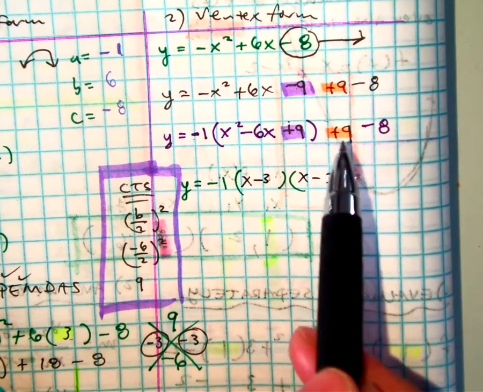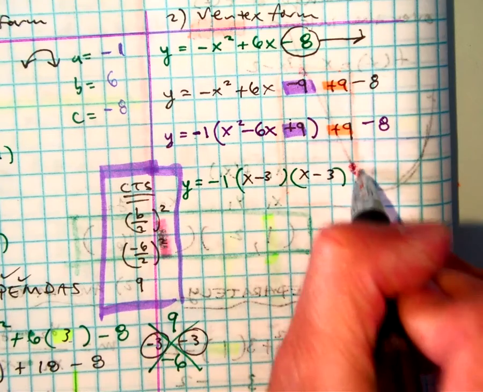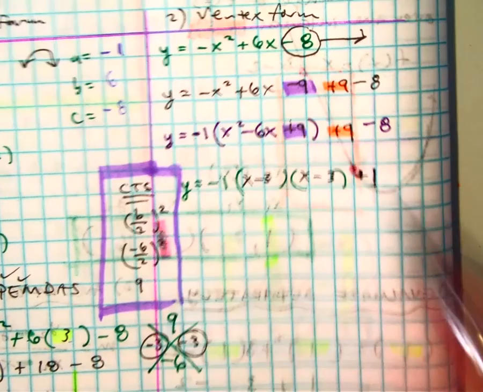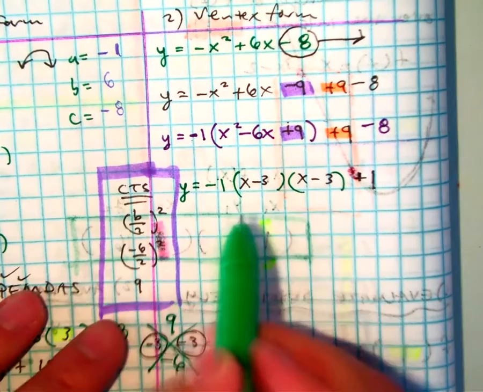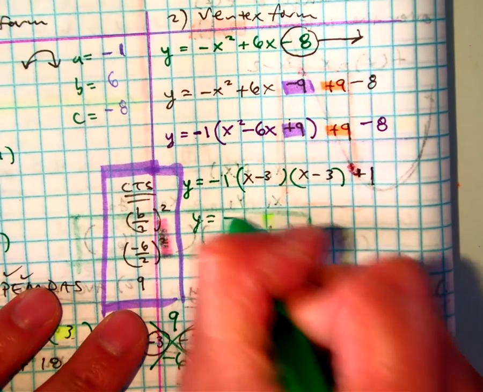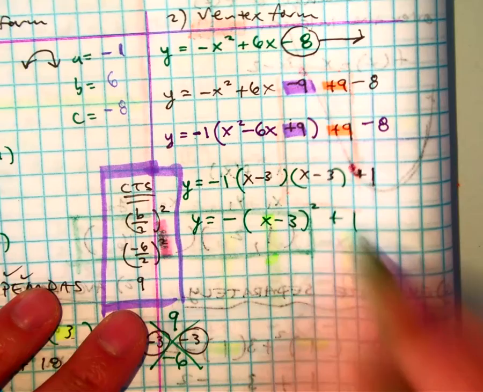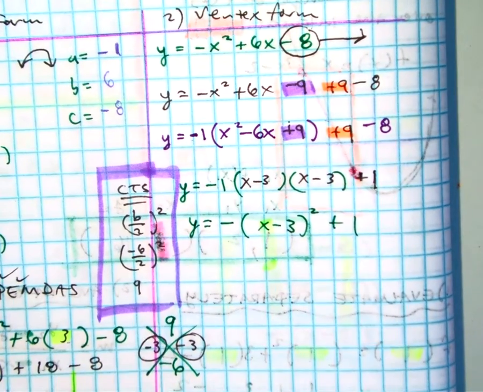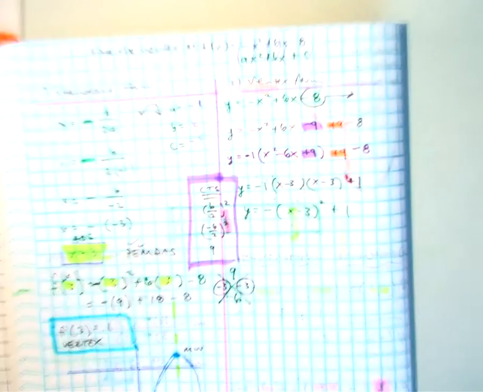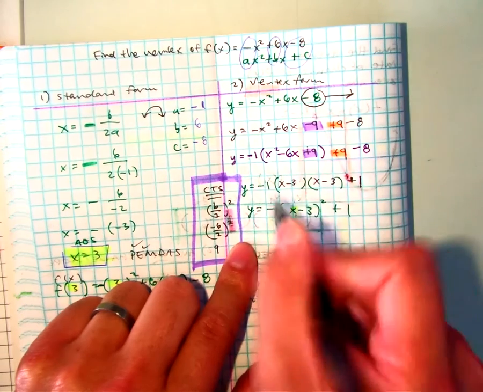And class, what is 9 minus 8? Positive 1. So I now have two of these. This becomes a perfect trinomial square. And basically, to match the vertex, you just copy down information about vertex form.